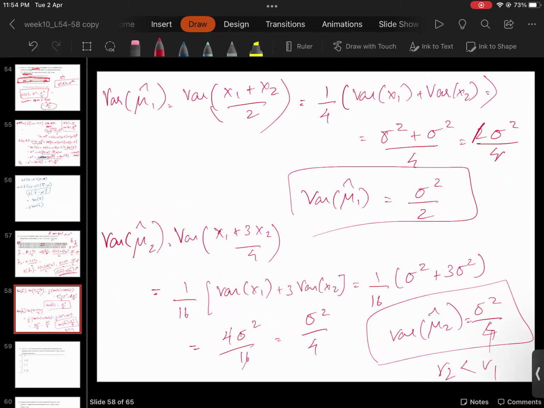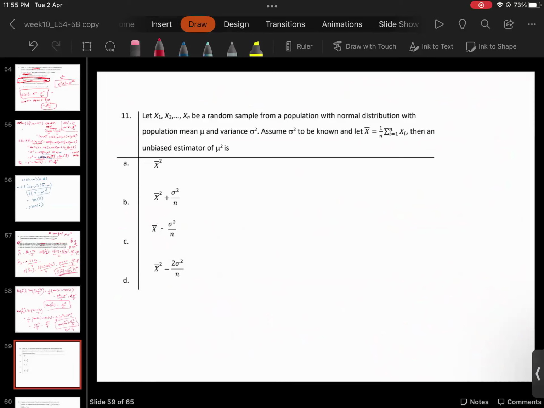Okay. Let us go to the next question. Let x1, x2 up to xn be a random sample from a population with normal distribution. Each xi follows a normal distribution, mu comma sigma square. But we have multiple variables, so the sample mean will follow a normal distribution, mu comma sigma square by n.